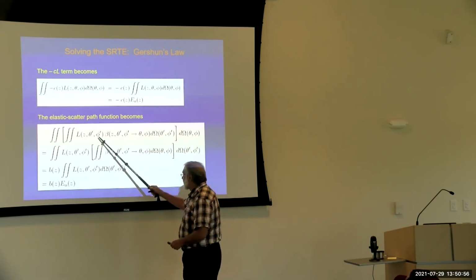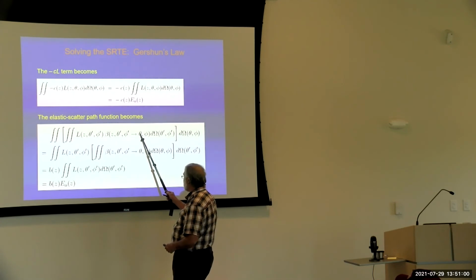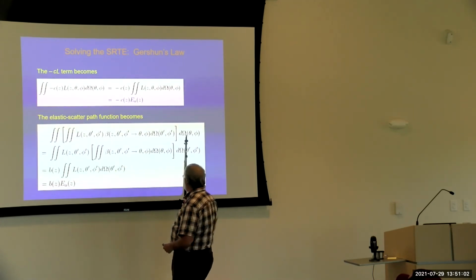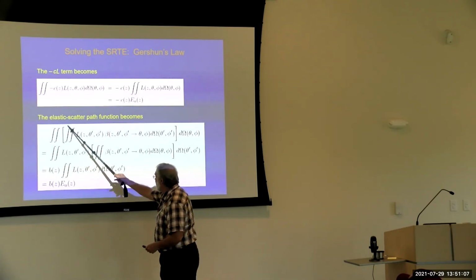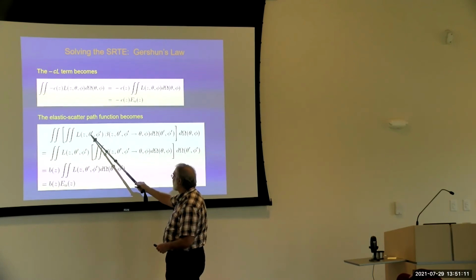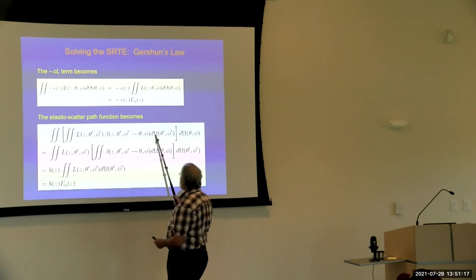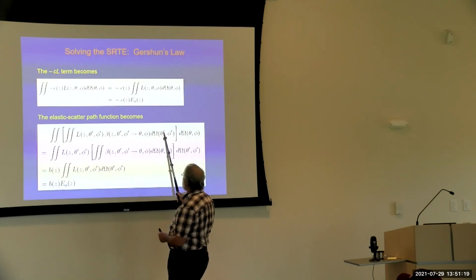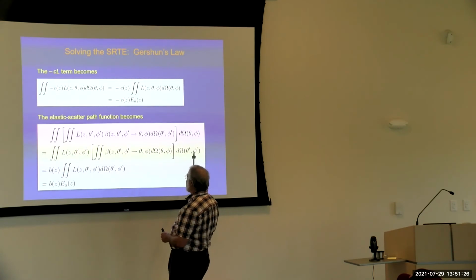So this thing depends on theta prime and phi prime. This depends on both. So I can say, let's bring this integration over theta and phi inside here, and it's not going to affect this guy because that's integrated over the incident direction. And we can basically switch the order of integration, from integrating over theta prime phi prime and then theta phi, to integrating over theta phi, and then theta prime phi prime.